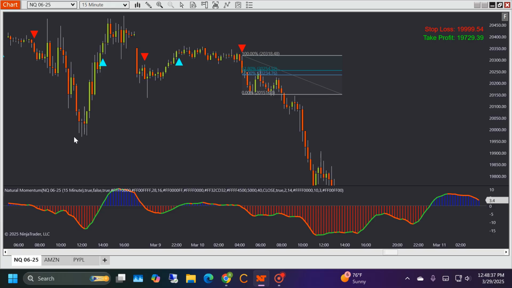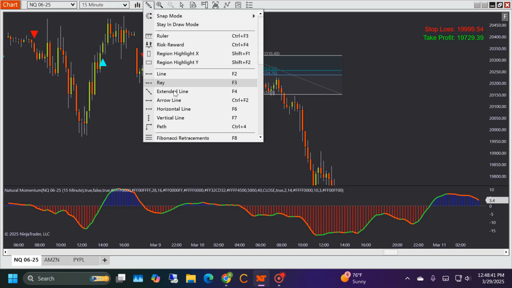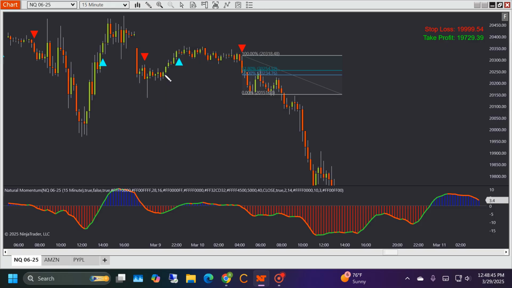And as far as take profits, since we're in a downtrend, it's reasonable to expect a lower low. So we're not really looking at this low here. We're looking at this one. So we'll draw a line out and it reaches it quite easily.